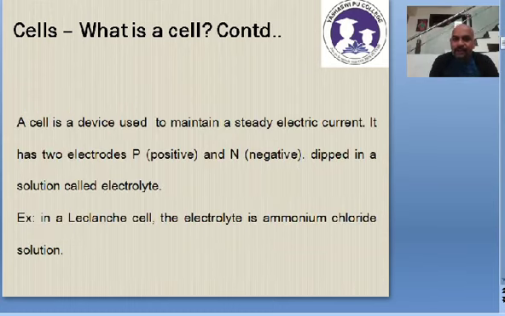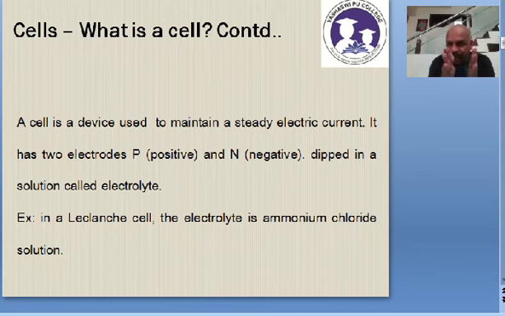And what is the definition of the cell? As you know, if you want the current to flow in a conductor, there should be a potential difference across the ends of the conductor. If there is no potential difference across the ends of the conductor, the current will not flow. So for the current to flow in a conductor, the potential difference is required, and that potential difference is maintained by this device called a cell.